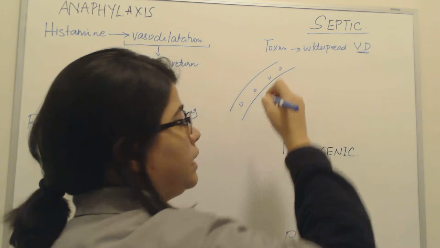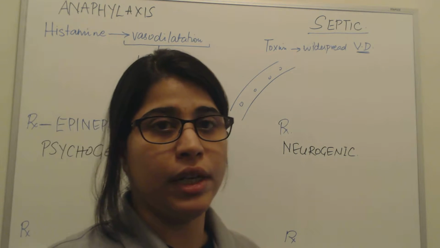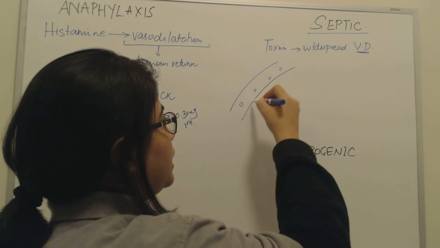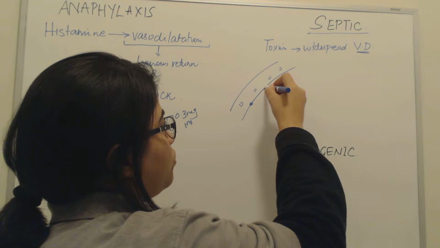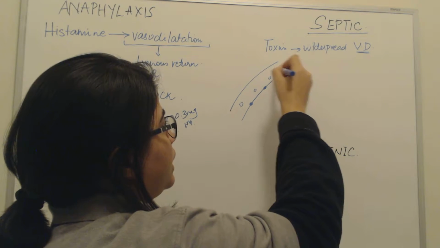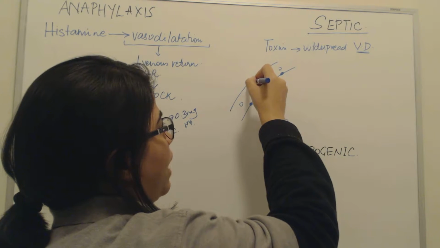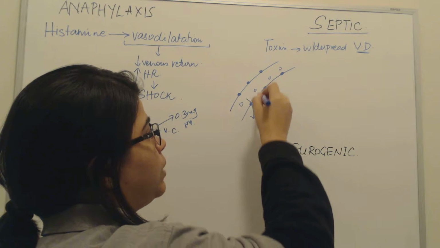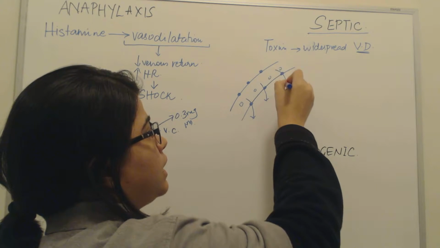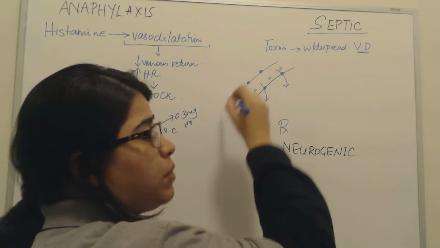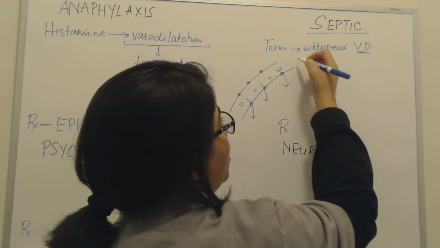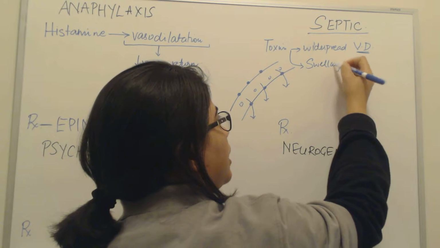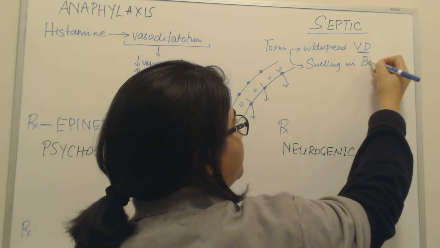If they start to dilate, they start to collect more blood and less blood is received into the organs. Another thing that happens is there starts to be leakage within these vessels due to the bacterial toxins. If there is leakage, the fluid and the plasma is going to start to escape out, and we are going to see swelling in the body tissues.